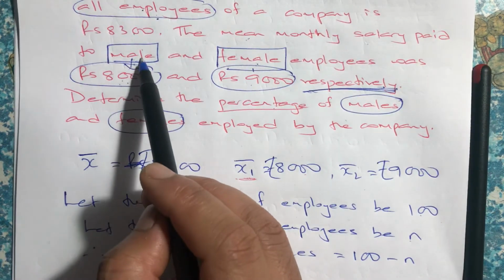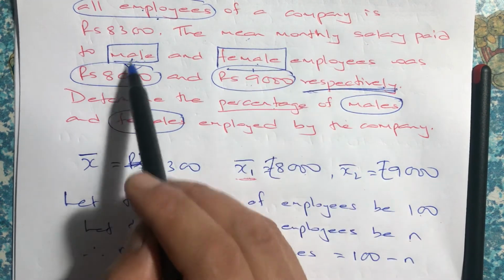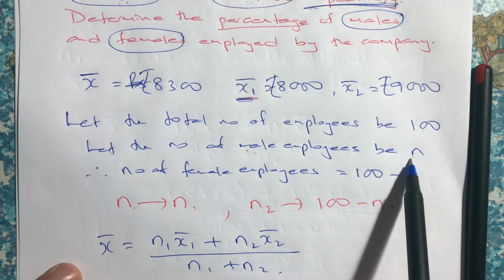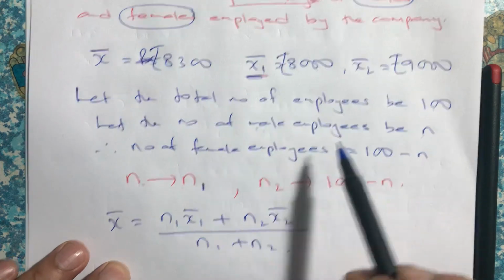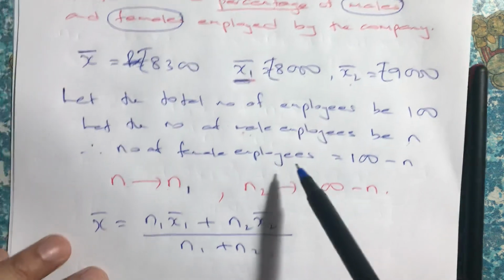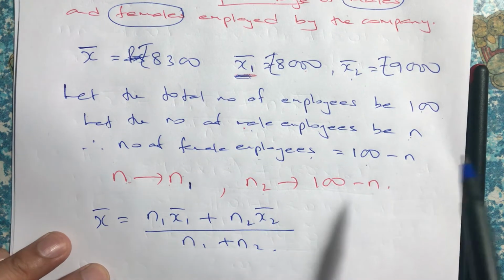We took the male as 1 and the female as 2, because we wrote the monthly salary of the male as x1. So male employees n indirectly becomes n1. Since we took the female employees' mean salary as x2, the female employees also get n2, and n2 over here is 100 minus n.